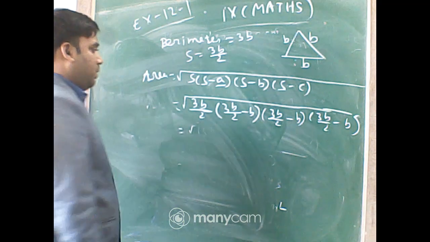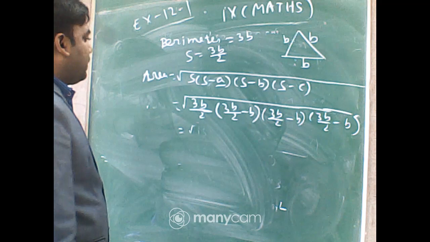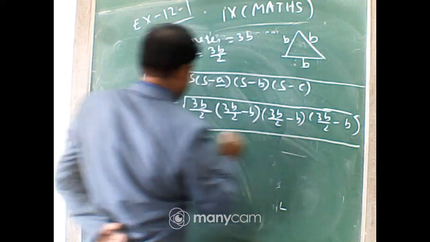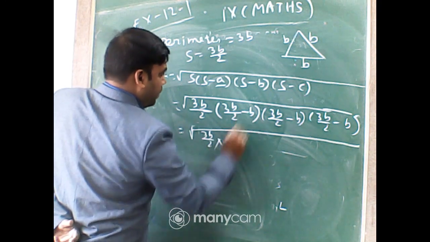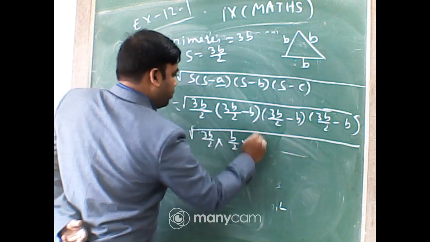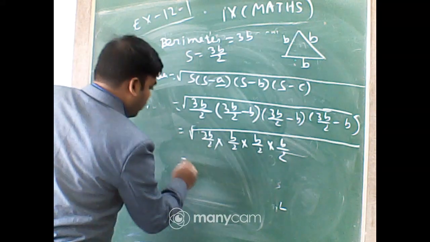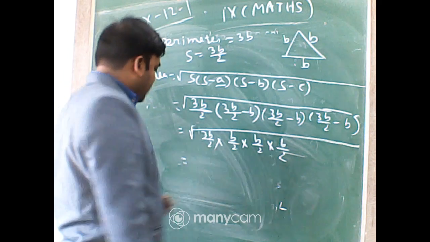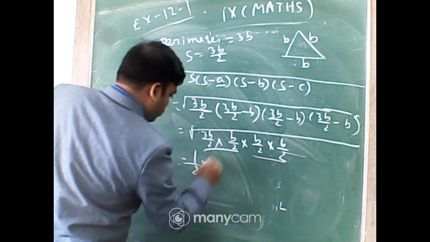Okay? That is the next. 3b by 2, it will be b by 2 into b by 2 into b by 2. Okay, now look at the board. In the denominator, 1 by 2 comes out. These 2 and these 2, that is 1 by 2.